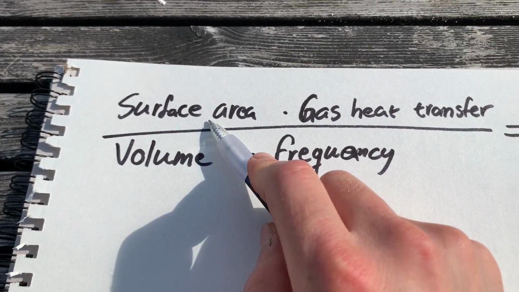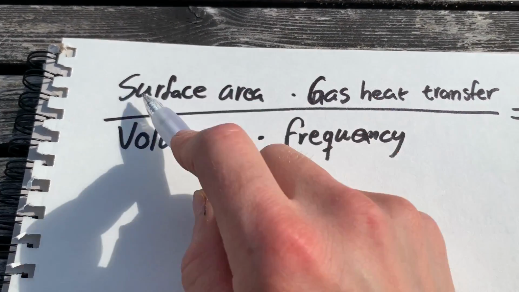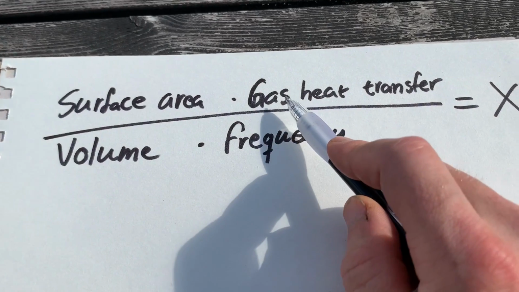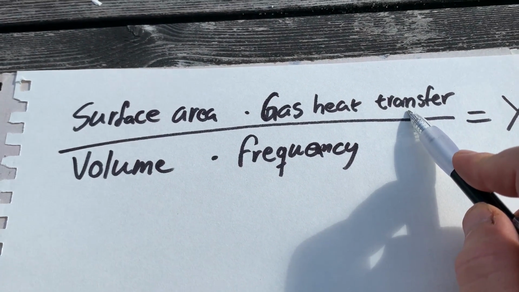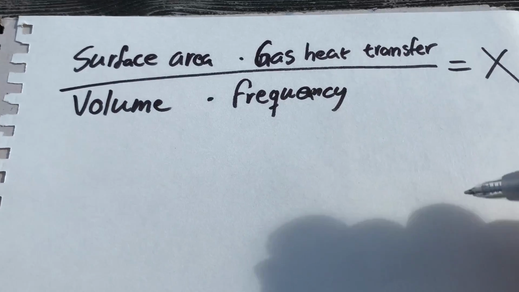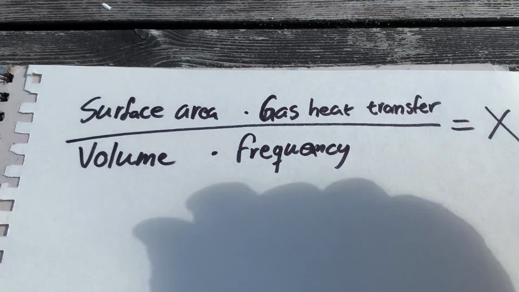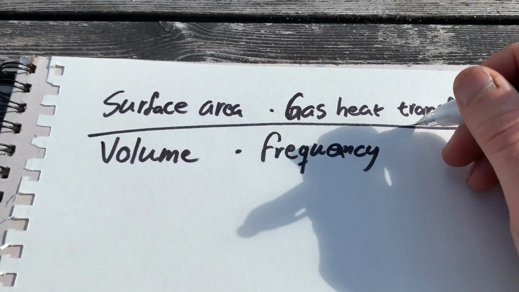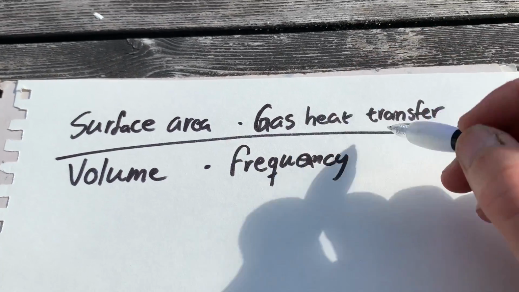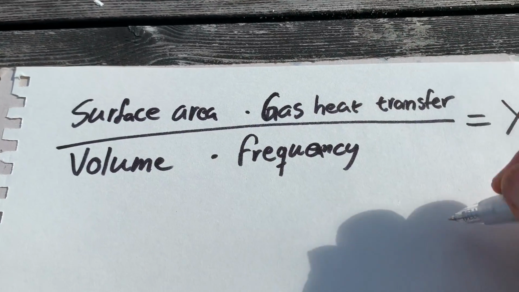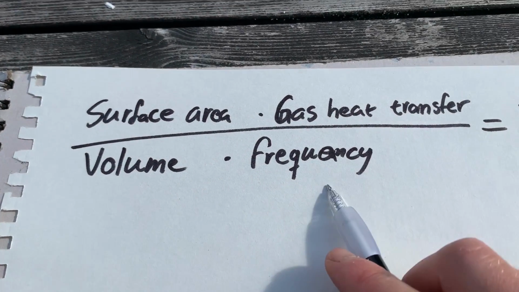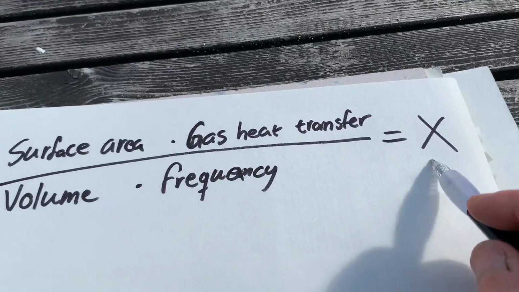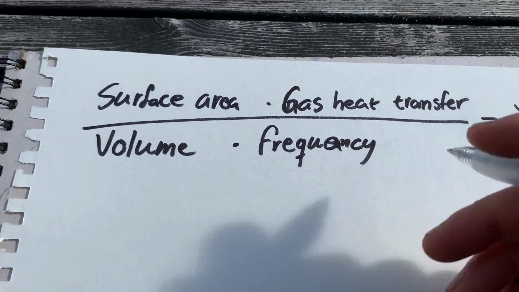The good things are contact surface, which you want as high as possible, and the gas heat transfer, the speed at which you can push the heat energy into the gas until it saturates to the cylinder walls. And the bad things are volume and frequency, which decrease this ratio.